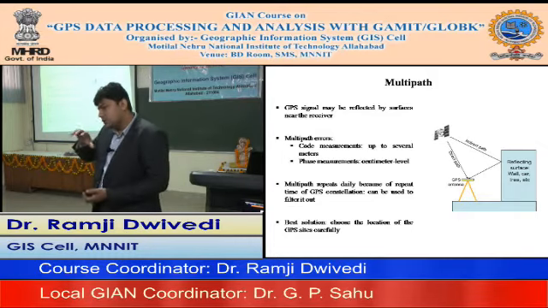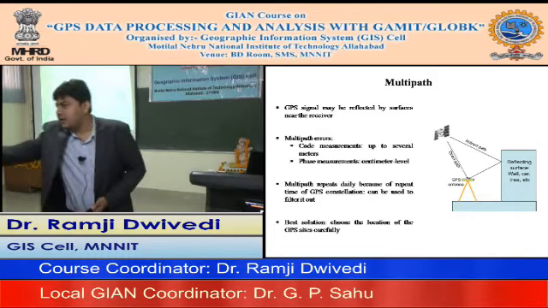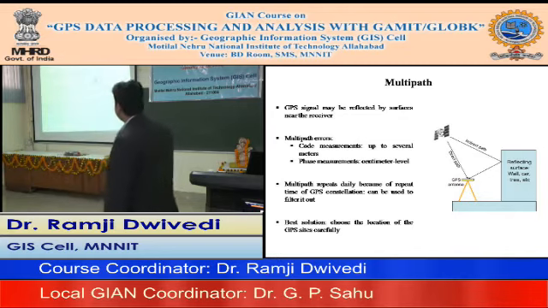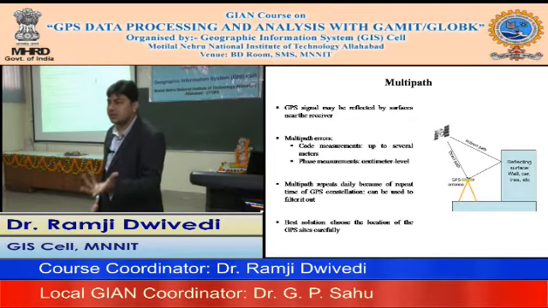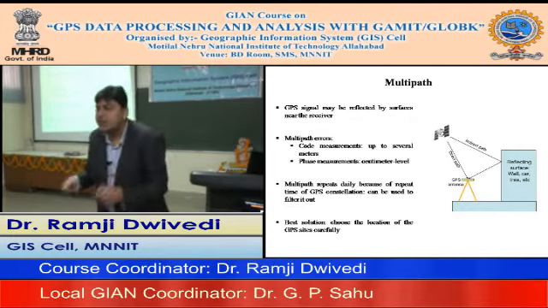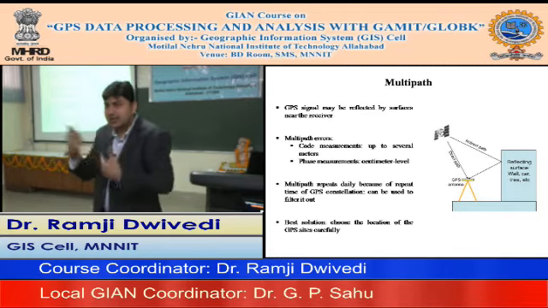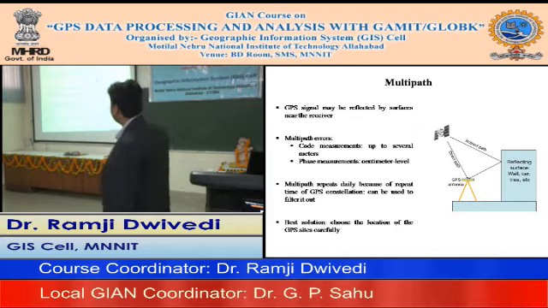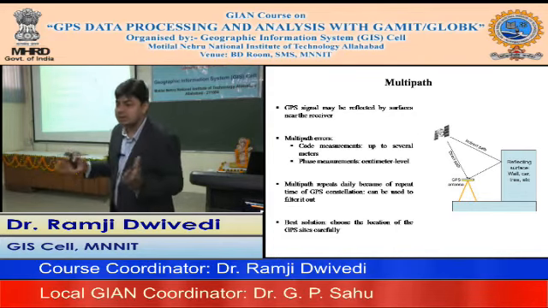If it is reflected by another surface, the RHCP, right-handed circular polarized, changes to LHCP, and if your receiver or antenna is not capable of distinguishing RHCP from LHCP, it will account for all of it. So you could choose an antenna for an area where the multipath scenario is more severe.